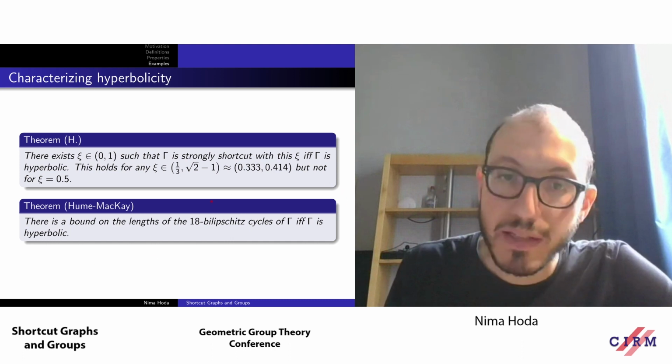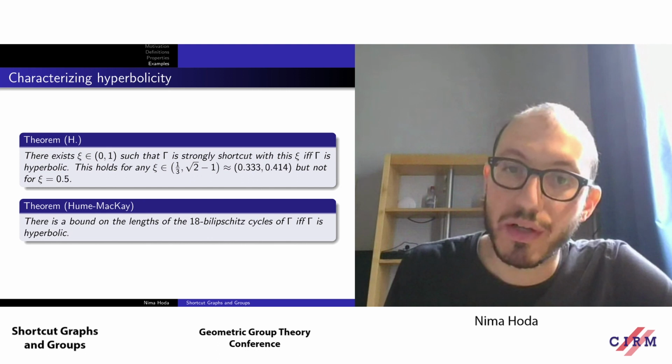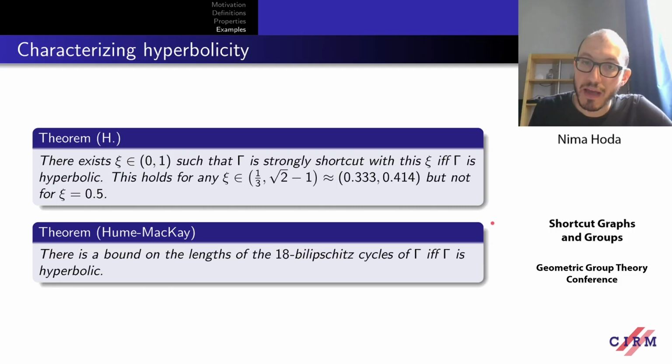And it's interesting to compare this result to the result of Hume and Mackay, that any graph for which there's a bound on the lengths of its 18 by Lipschitz cycles is hyperbolic, and that the converse also holds there as well.